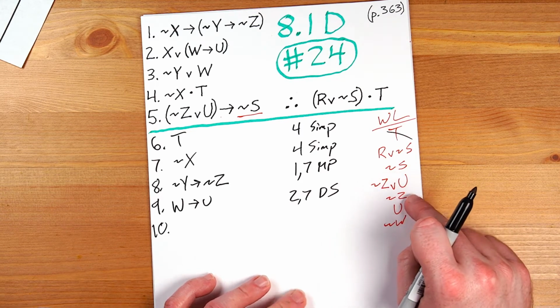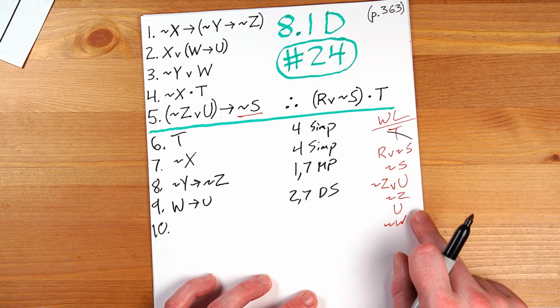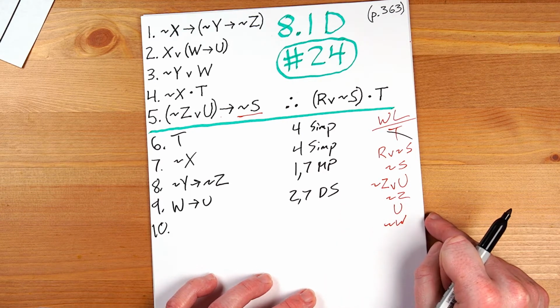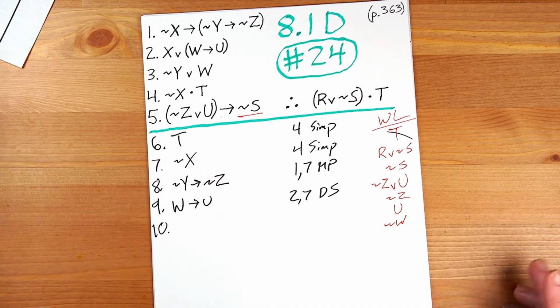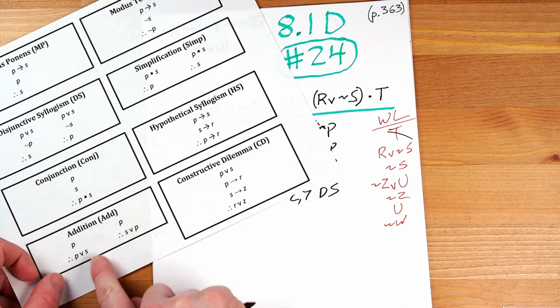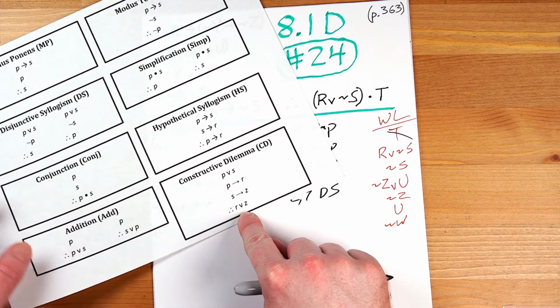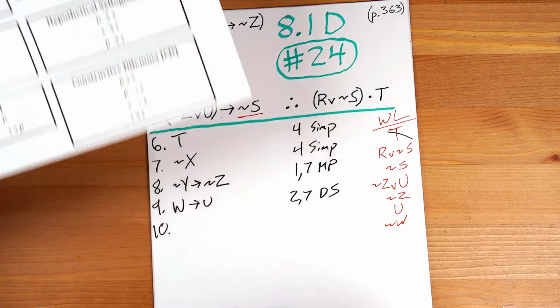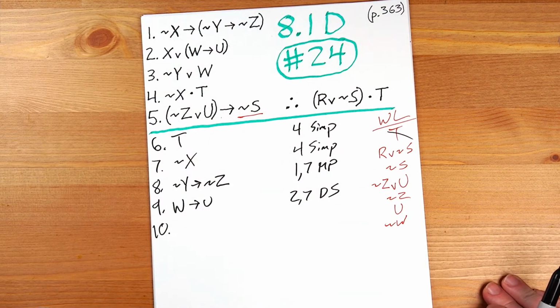Addition is the route that we were going down. But remember, there's a couple ways to get disjunctions. Maybe constructive dilemma, right? So we tried addition to try to get the disjunction. Is there a way to use constructive dilemma? We're going to need another disjunction and those conditionals.